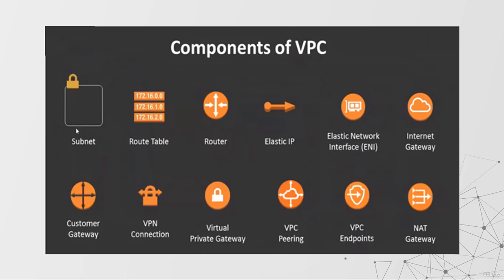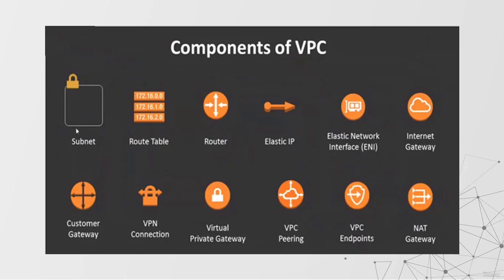We've also got security groups and network ACLs. VPCs are also composed of VPC peering, which allows you to connect one VPC with another in a single region, and also VPC endpoints, which enable you to privately connect your VPC to supported AWS services, for example, and VPC endpoint services powered by AWS PrivateLink.